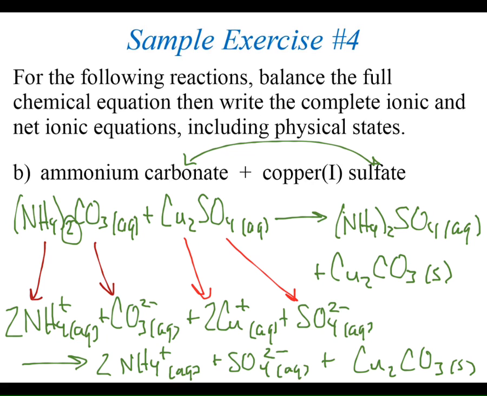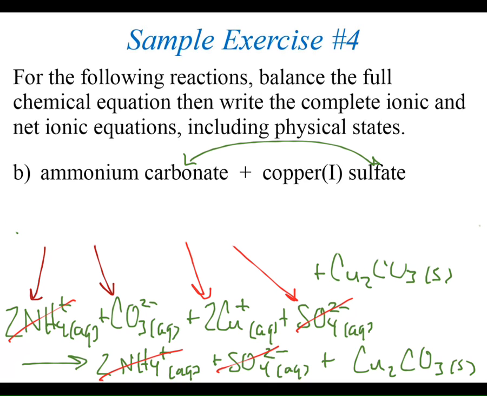Okay, so now what do we do? Cancel out whatever ions are on both sides. Which ions do you see on both sides? I see a sulfate on both sides that goes bye-bye. And 2 ammoniums on both sides. Now I just write whatever was left.